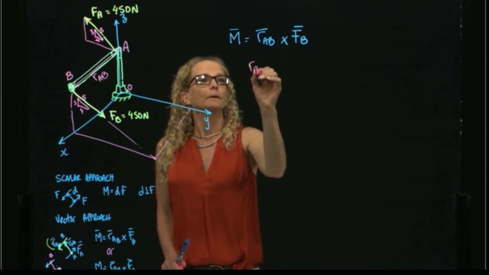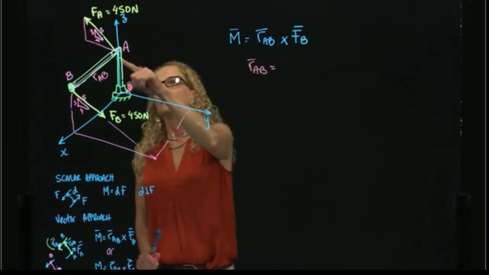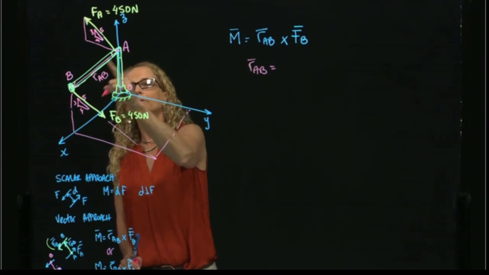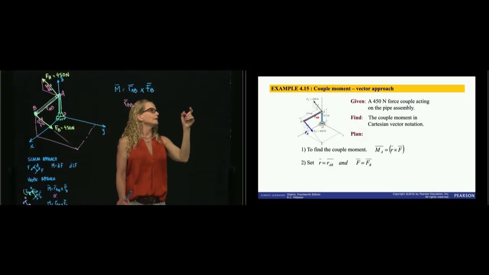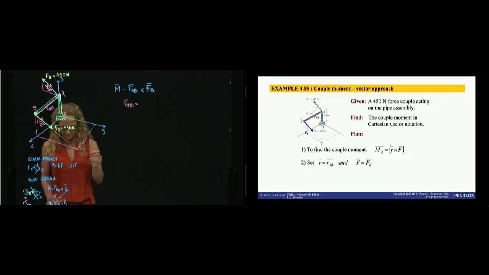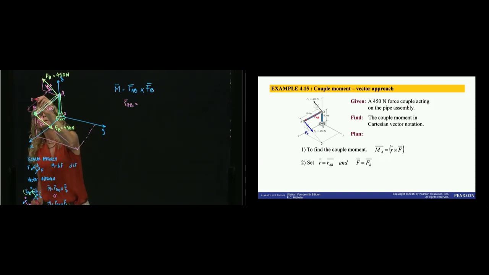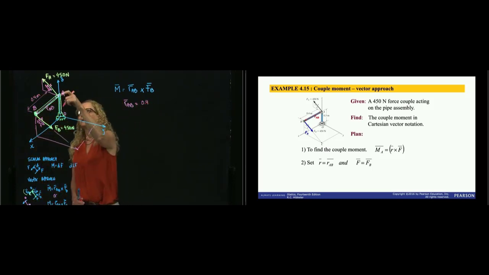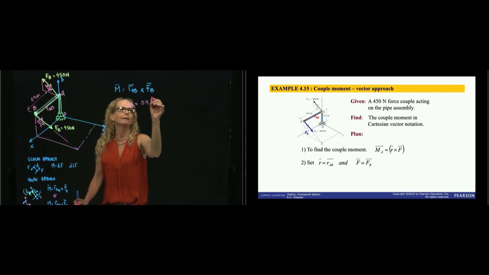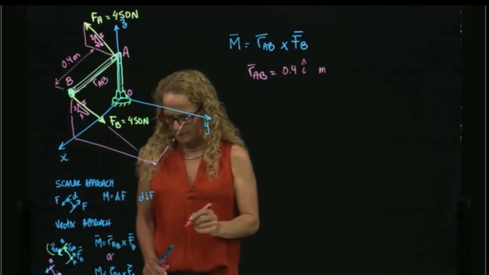This vector will be from A to B. You see that this is parallel to I, and this distance is given. If we look at our figure, this distance is 0.4 meters, and therefore RAB is 0.4 in I meters, right?